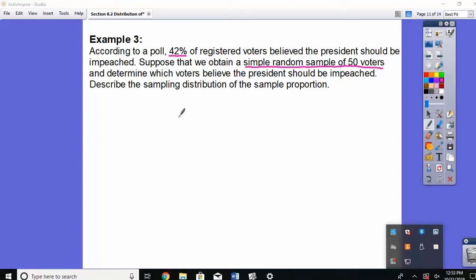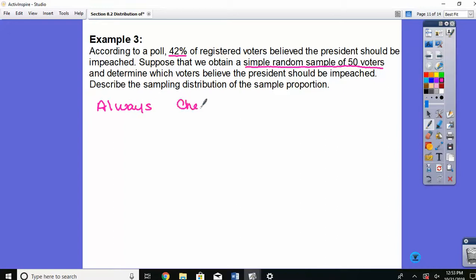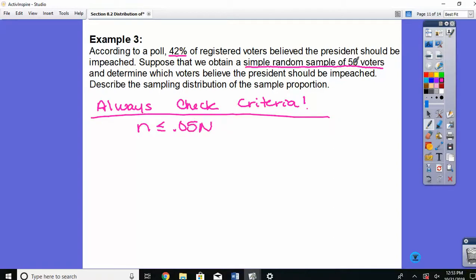The first thing you have to do, always check your criteria. Okay, those are two things. Your sample has to be less than 5% of the population. Would 50 voters be less than 5% of the entire voting population? Yeah.